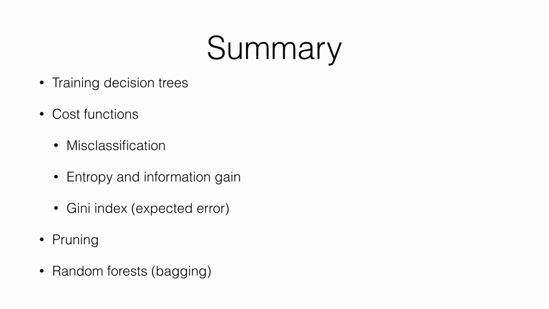Then I talked about how you do pruning to adaptively reduce the overfitting using a validation set. And finally, I ended with the idea of using random forests or bagging to produce a more robust classifier based on many combined decision trees.